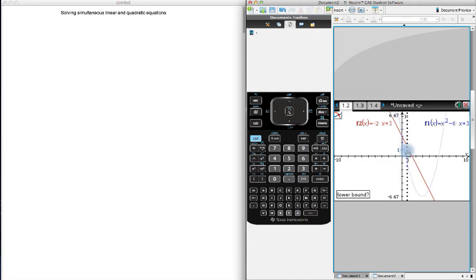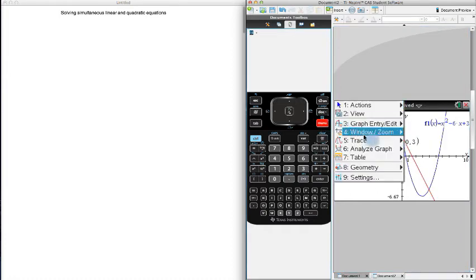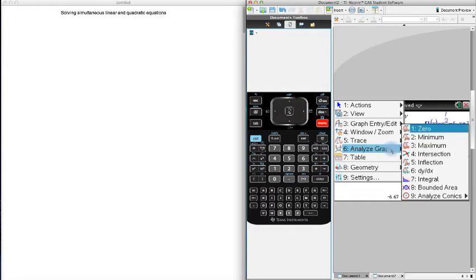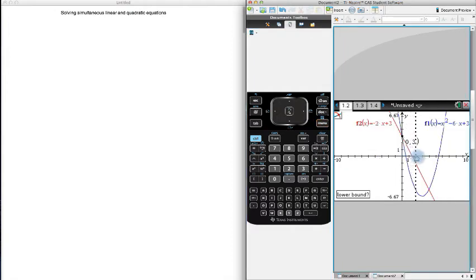So once the lower bound, up there, and upper bound here, and there's our point of intersection, it's 0, 3. Okay, that was pretty easy. Let's find the other point of intersection. Analyze this graph. Point of intersection. Here's our lower bound, upper bound over here. There we go, 4, negative 5. That one was pretty easy.